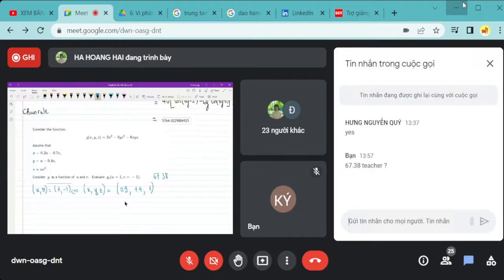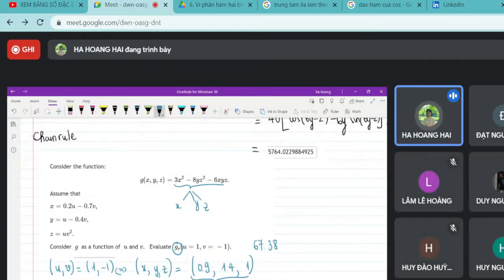So it means that we have g_x. Let's call this point M. So you need to find g_x. We have the expression g_x, 6x minus 6yz, and replace M here, multiplied by x_v, which is minus 0.7, and plus g_y.